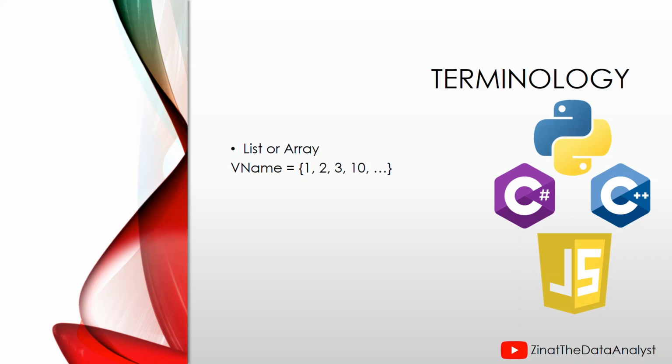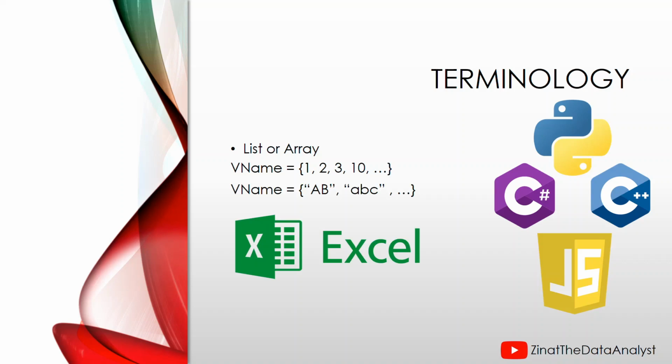It can contain numbers or text, which we would call a string. In Excel, arrays are defined in the same way as in programming languages, but we separate values by semicolon. For example, vname would be the array name or reference name, and it contains price lists in different currencies.